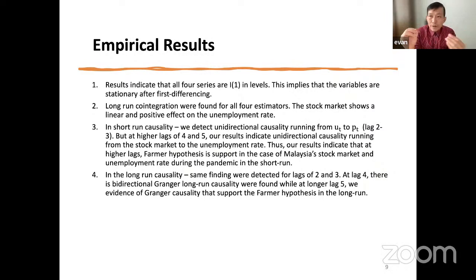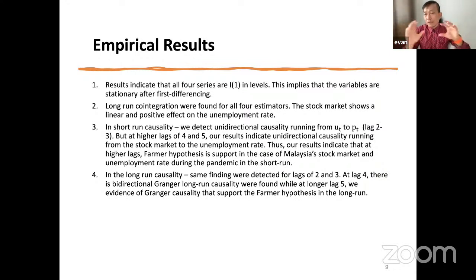Right, in the short run we detect a unidirectional causality running from unemployment to the stock market, for lag 2 and lag 3. We tested lag 1 up to lag 5.